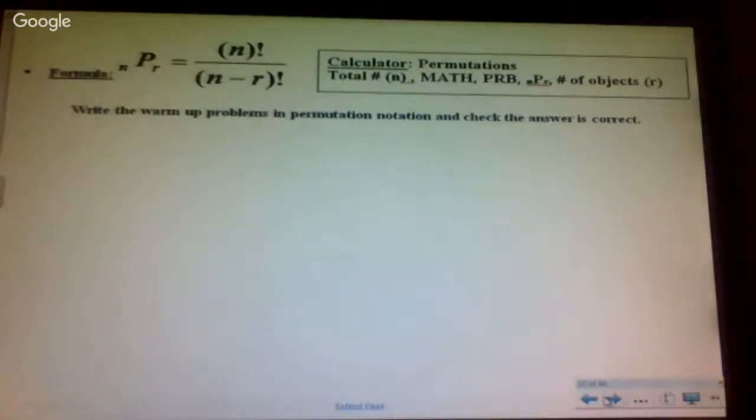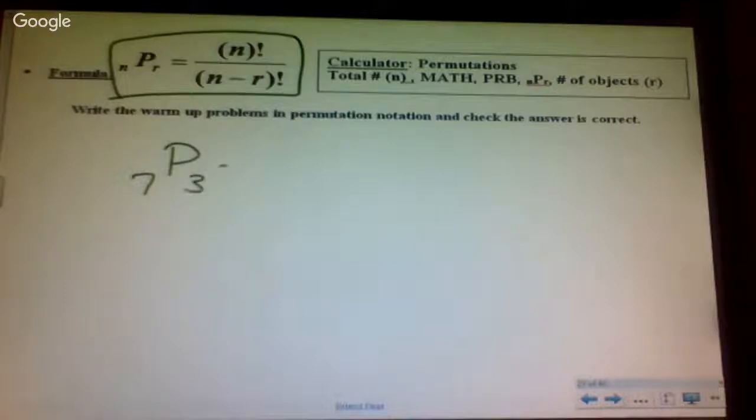Okay, here is your formula. I will also show you where the permutation button is in your calculator. However, there is a section on your test where I need you to put it into a formula. So if, for instance, we had something like 7 permutate 3, okay, this means I have 7 people to choose from and I've got 3 spots to fill.